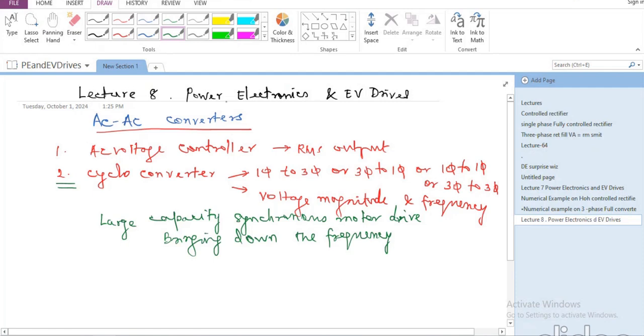Okay. So AC voltage controller is the one which we are going to discuss, and that also quite briefly in this particular course, because again, the application of AC voltage controller is pretty much limited, especially in EV domain. Okay. So let me start with AC voltage controller.